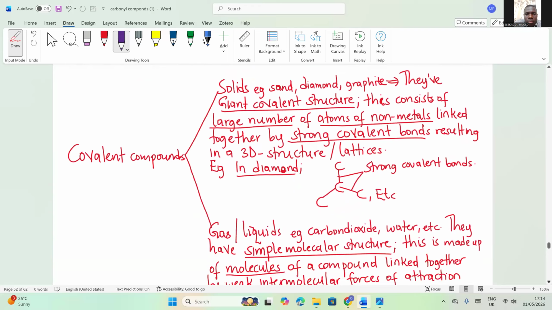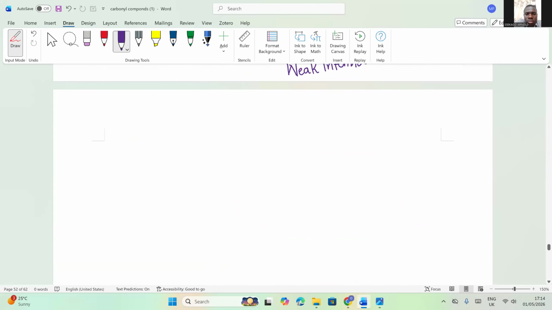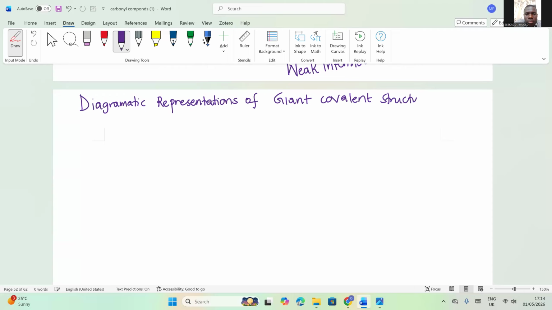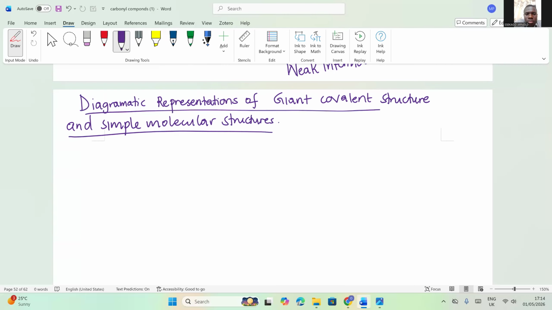Now, these are the diagrammatic representations of giant covalent structure and simple molecular structure.